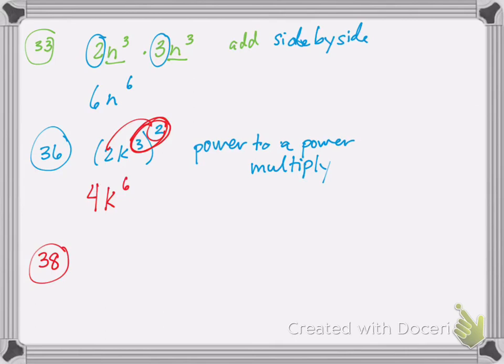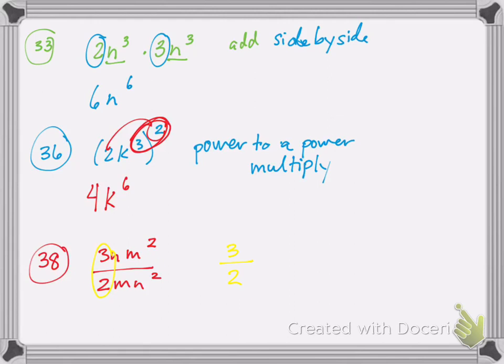So I have 3nm squared over 2mn squared. So remember, like terms go together. So the numbers go together, the m's go together, and the n's go together. Can I reduce 3 over 2 any further? No, I cannot. So I'm just going to leave that as 3 over 2.